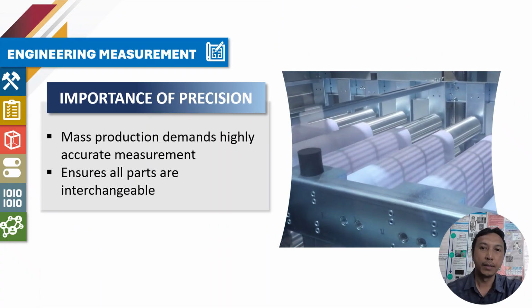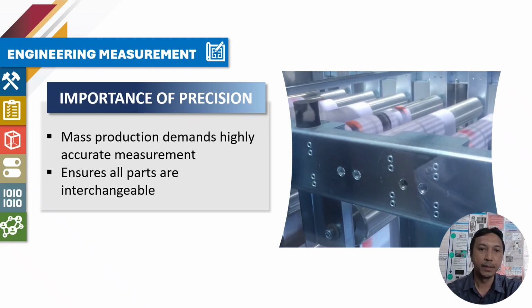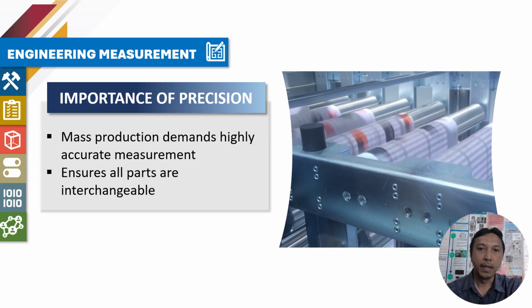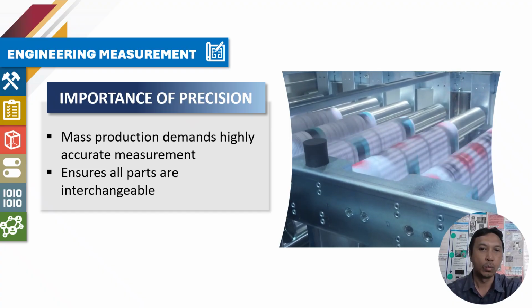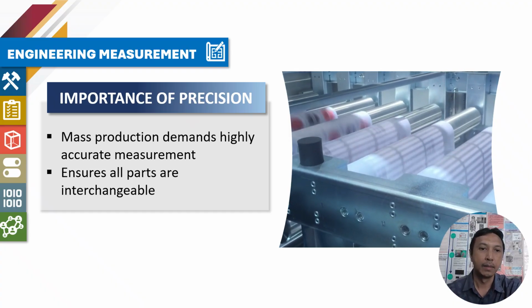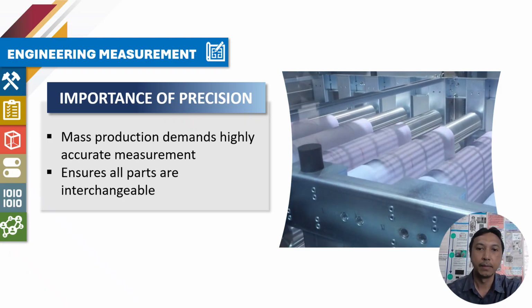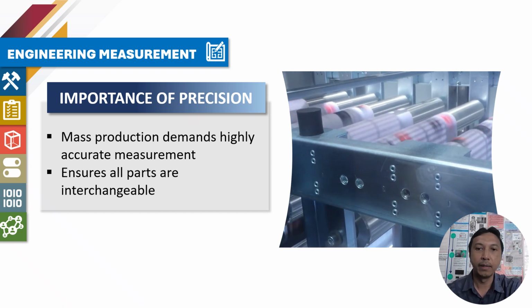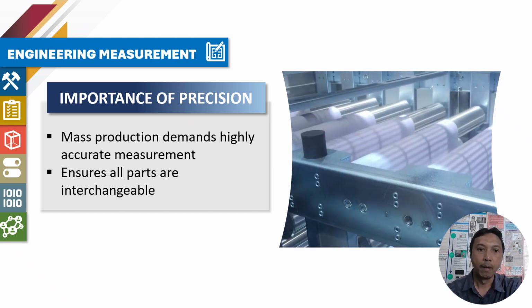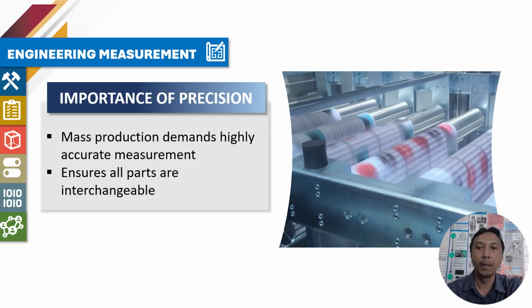In mass production, precision measurement is absolutely essential. Every single part of a product must be made to exact standards so that all parts are interchangeable, meaning they can fit together perfectly, no matter when or where they are produced.